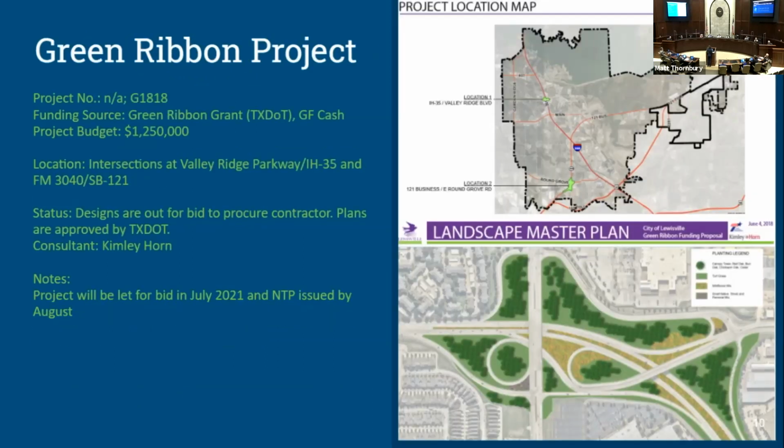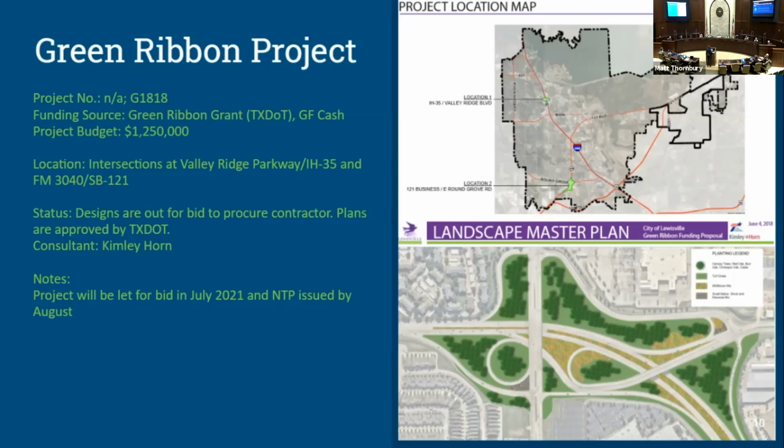Green Ribbon Project. These are two areas along I-35 and Business 121 where we are going to make the medians and intersections look a little bit more substantial and reflect the landscaping and type of flora and fauna that you see in Louisville. There'll be large trees and native plantings in those two intersections.